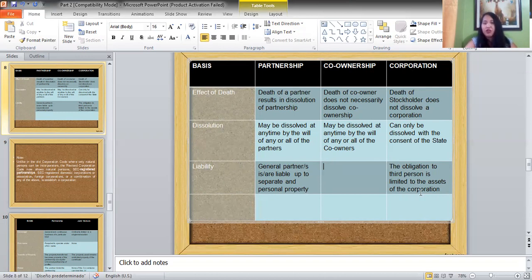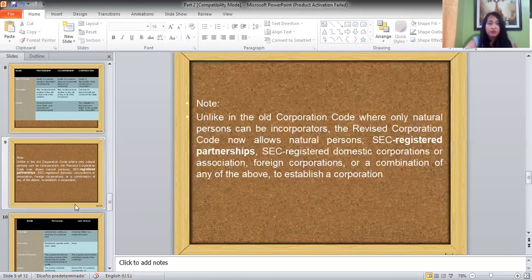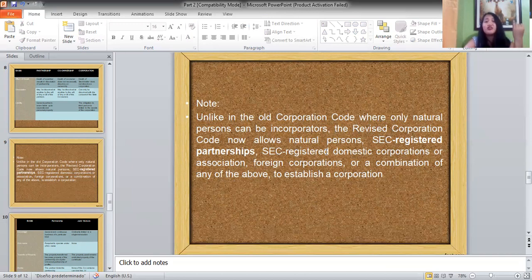Corporation: the obligations to third persons is limited to the assets of the corporation. So, self-explanatory. Note, class, that unlike in the old corporation code, where only natural persons can be incorporators, the Revised Corporation Code allows natural persons, SEC-registered partnerships, SEC-registered domestic corporations or associations, foreign corporations, etc., to establish a corporation.